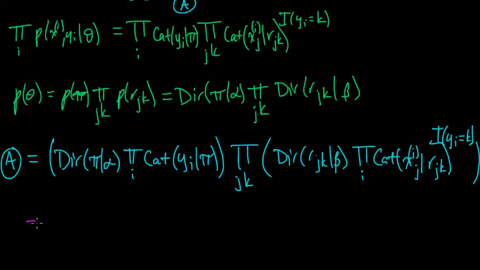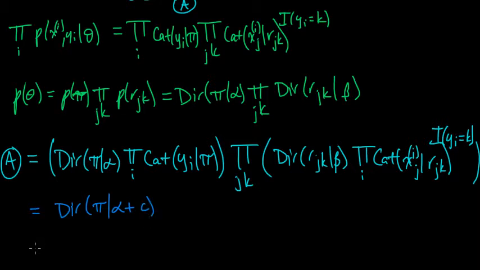We can simplify these. This one becomes, I'll use the same blue here, maybe a little different blue. This one, the Dirichlet absorbs the categorical. So this becomes a Dirichlet on pi with parameter alpha plus, let's say, c.